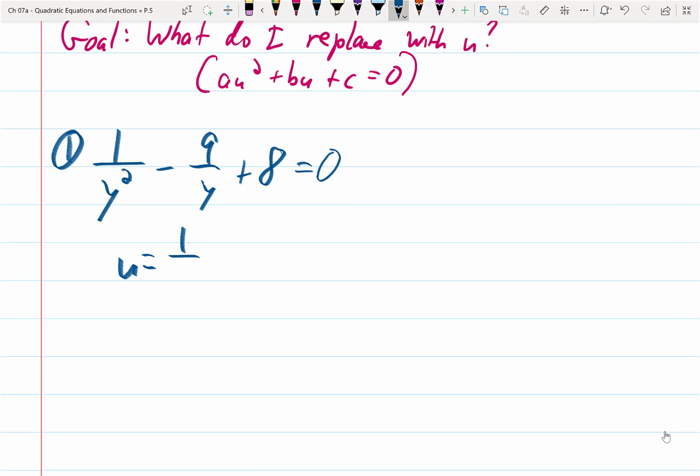I would not do 1 over y squared. You want u to be something where you're not only replacing u, you're then also replacing u squared. So if u is 1 over y, then u squared is 1 over y squared. So this piece becomes u squared, minus, remember this is 9 times 1 over y, so that becomes 9u plus 8 equals 0.